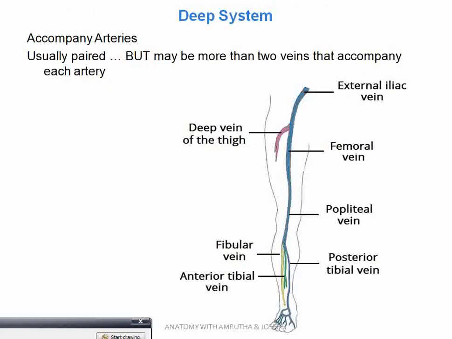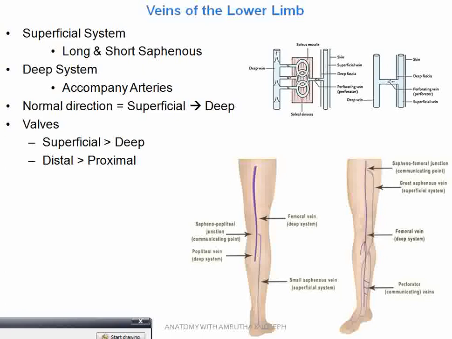I'll explain with this diagram so you can understand better. The valves are usually directed in such a way that flow in the opposite direction of the blood is prevented. For example, here the valves are placed so that blood always flows from inferior to superior.